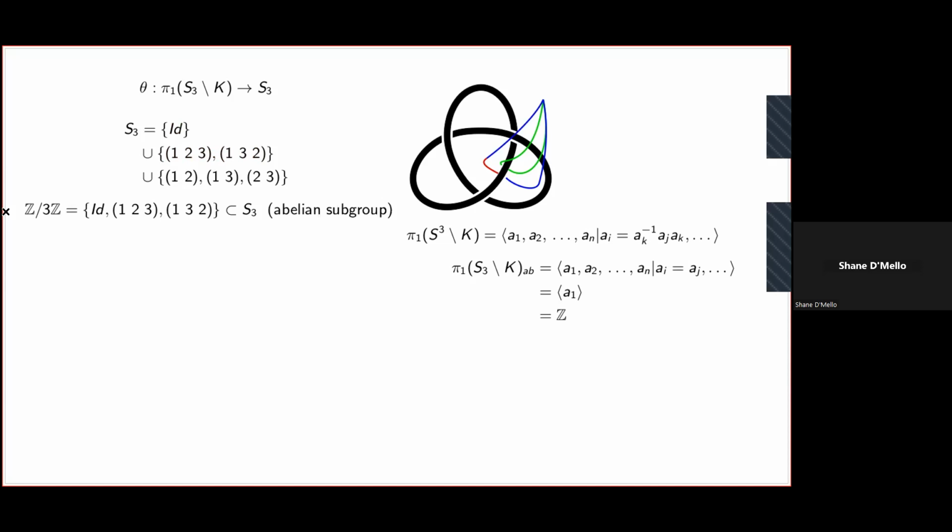Now, this is what I was talking about: if you look at pi1 of the complement, it is always related with Z because Z is the abelianization. This is the quotienting by the commutative subgroup, so this is a natural map from the fundamental group to its abelianization.